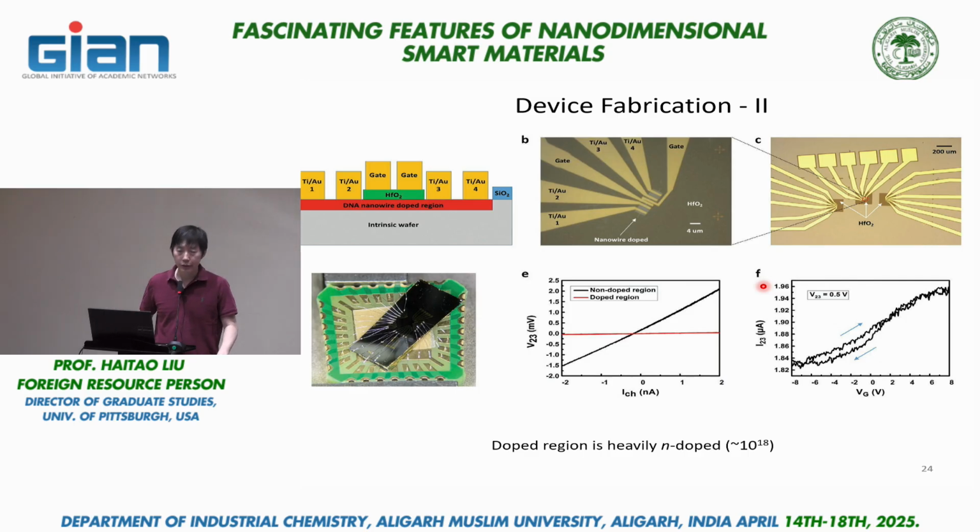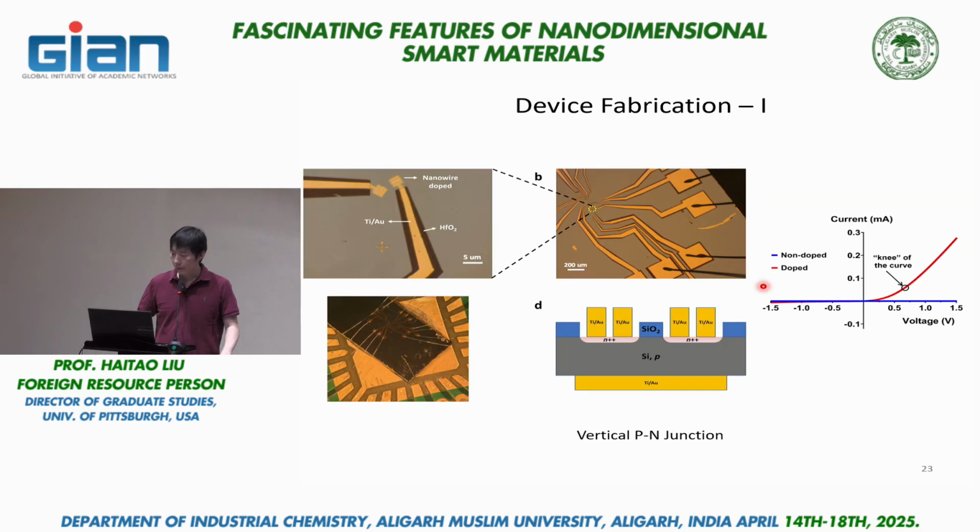And from there, you can make a proof-of-demonstration device. And certainly, if you look at this one, this is a much better device characteristic curve based on typical expectations from electrical engineers. So there's still a long way to go.